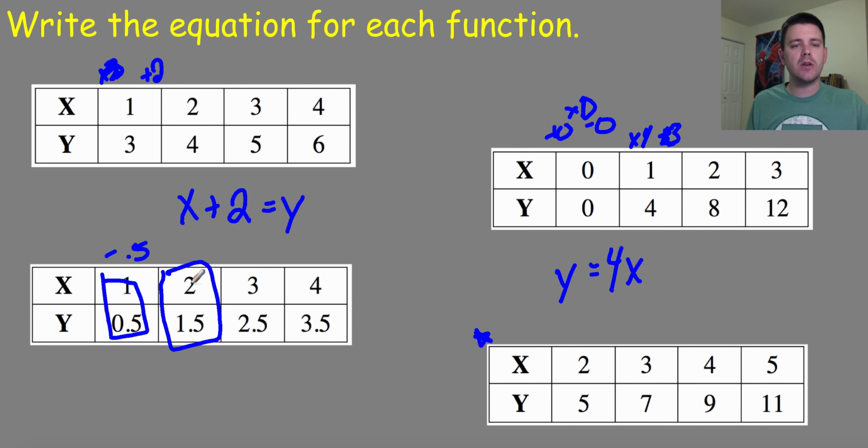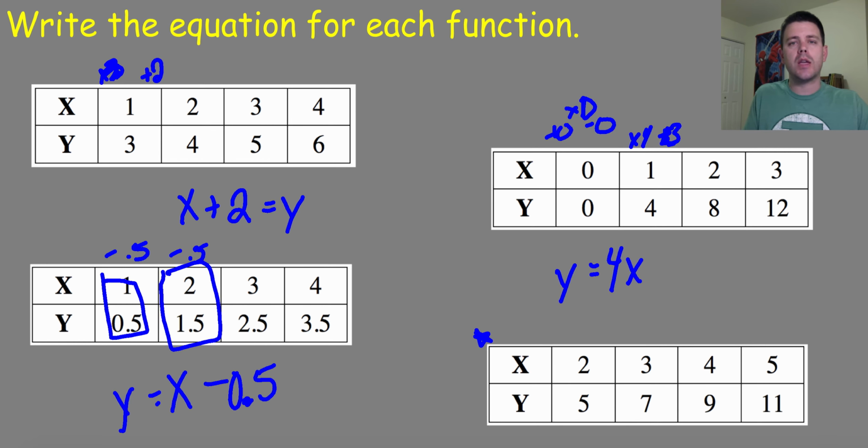Let's see if it works here. From 2 down to 1.5, it looks like they subtracted 0.5 again. From 3 down to 2.5. Think of it kind of like $3 down to $2.50. They subtracted 50 cents. So our rule is, what did they do to x? Well, they subtracted 0.5, or you could put it as negative 0.5 if you want to be proper. And that gives us our y.